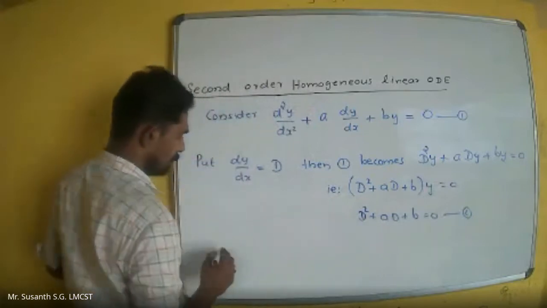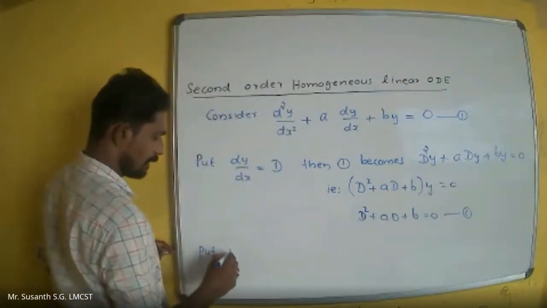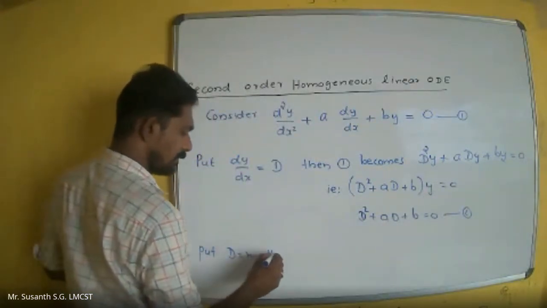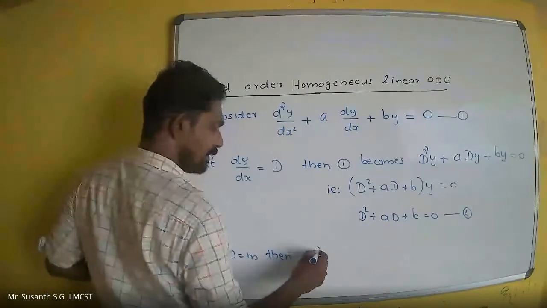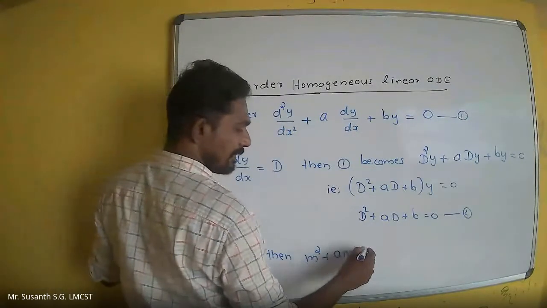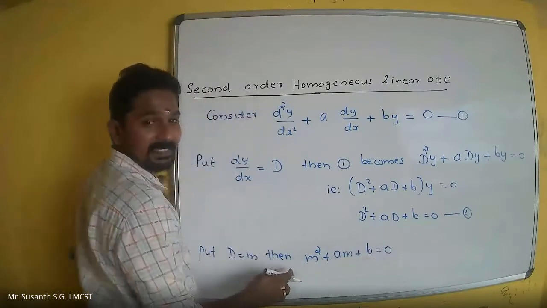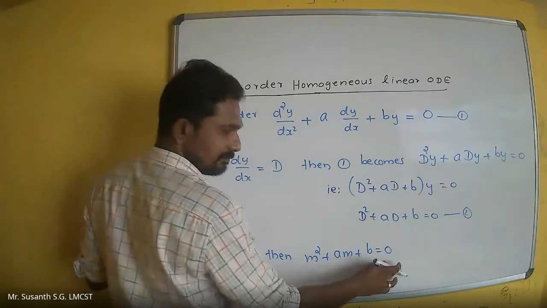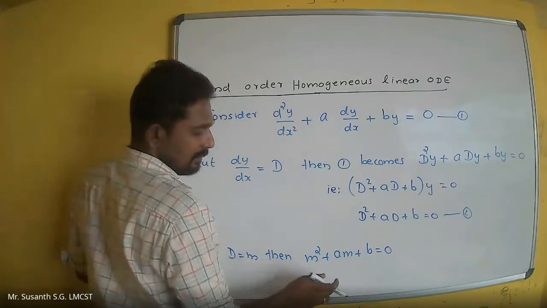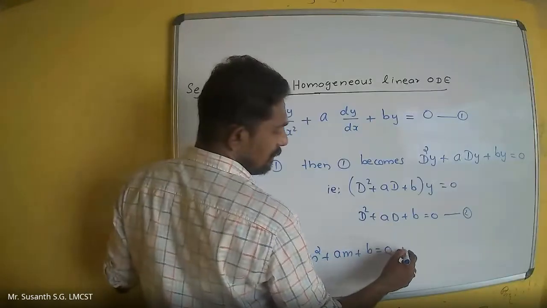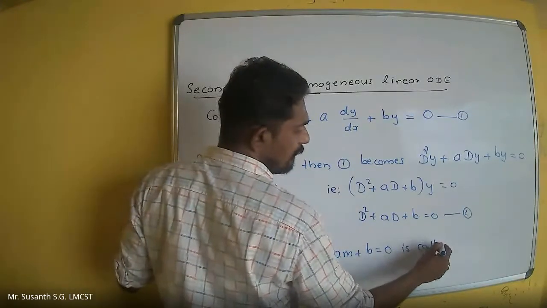Put D is equal to m. Then equation 2 becomes m square plus am plus b is equal to 0. This quadratic equation is called the auxiliary equation or characteristic equation.